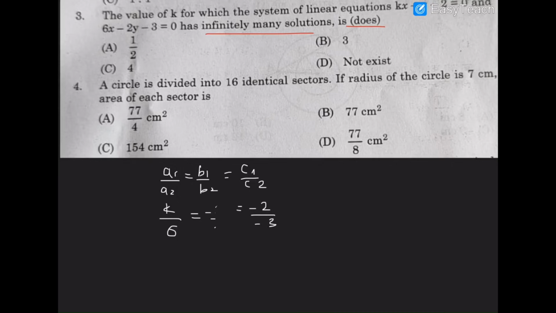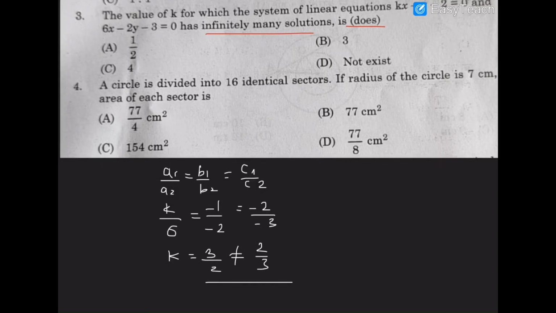I have interchanged this value. This is -1 by -2 equals -2 by 3. So here you are getting k equal to 3 by 2, which is not equal to 2 by 3.